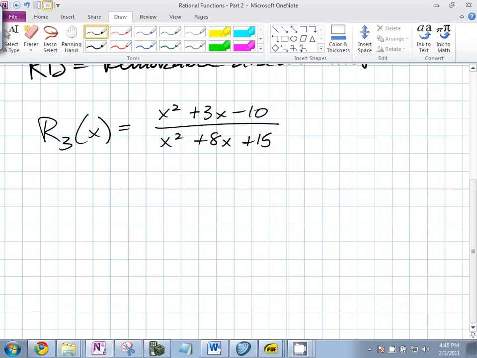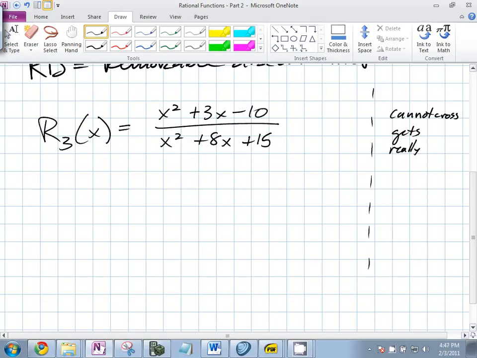First of all, a vertical asymptote is going to be a vertical line that the function cannot cross and gets really, really close to. So a vertical asymptote might result in a function looking like this.